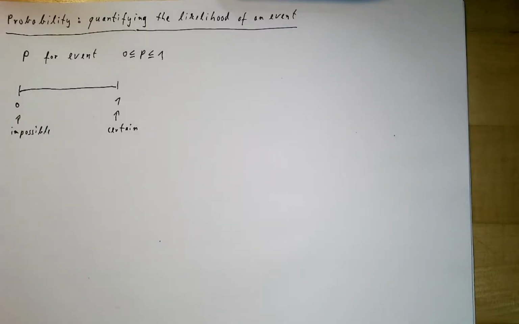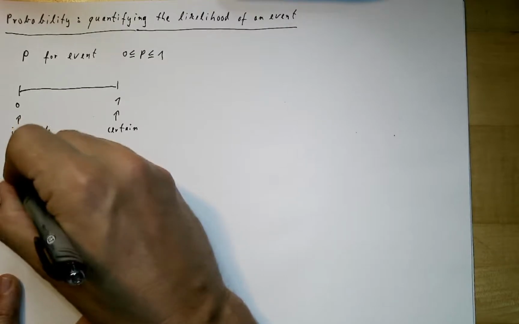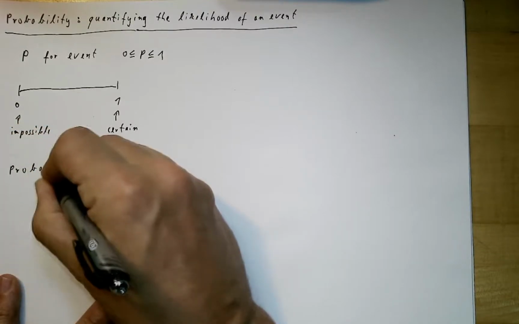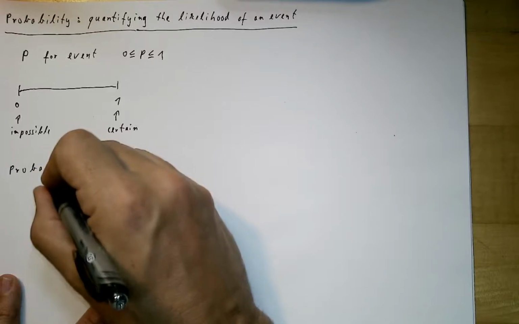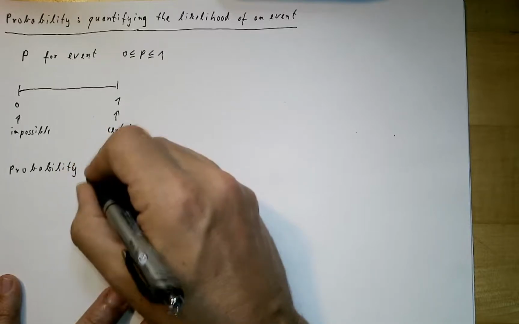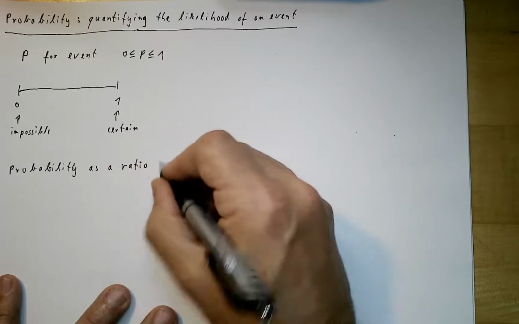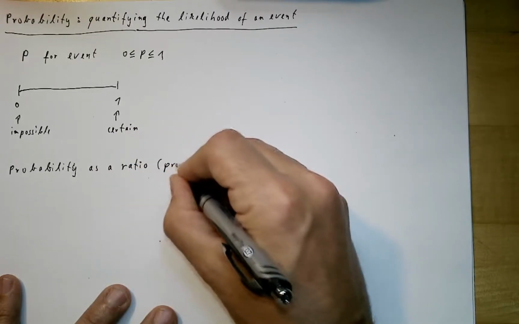Here, one insight is that we will always define probability as a ratio or a proportion.